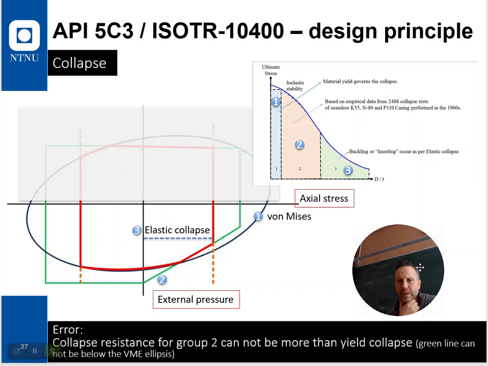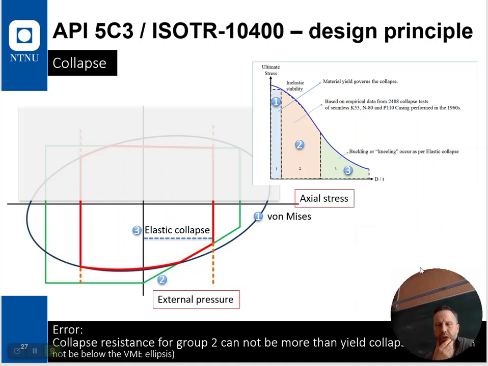Elastic collapse is a straight line going all the way to the actual stress. And we see the different types here. Yield strength collapse would follow the von Mises for collapse, and in part 2 that's the green line, and part 3 that's the horizontal straight line, because as said, it's not influenced by actual stress at all.